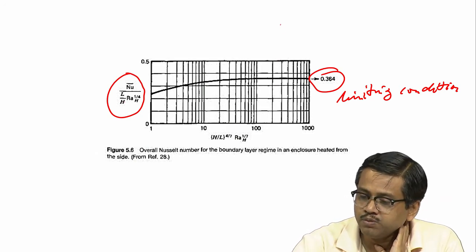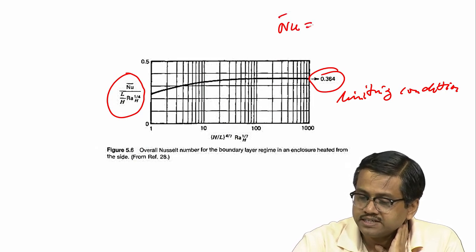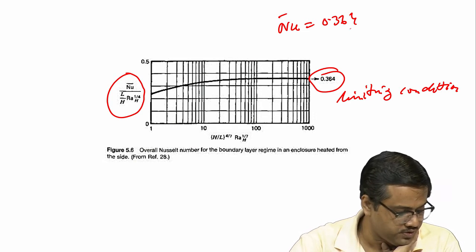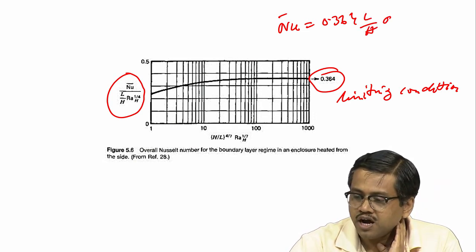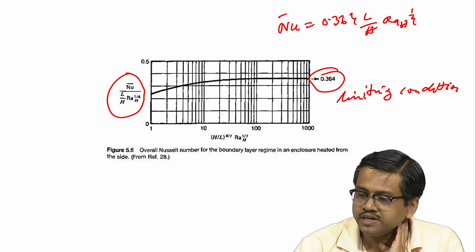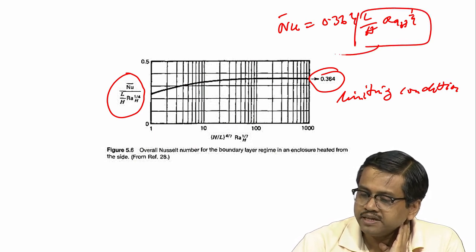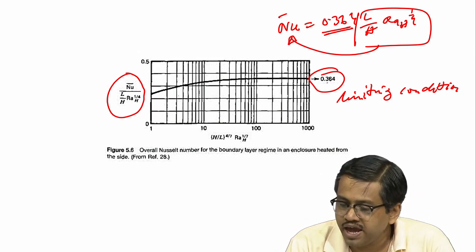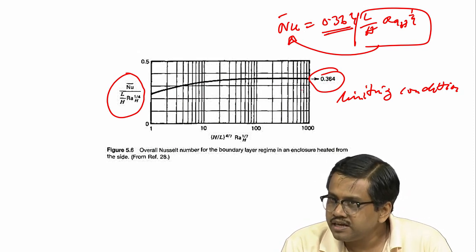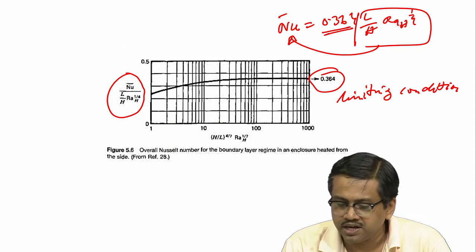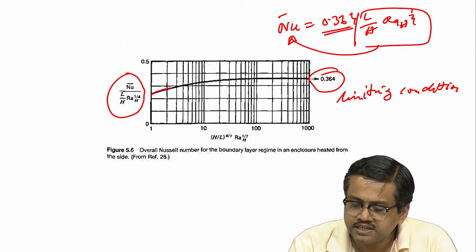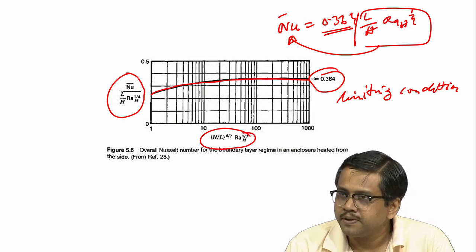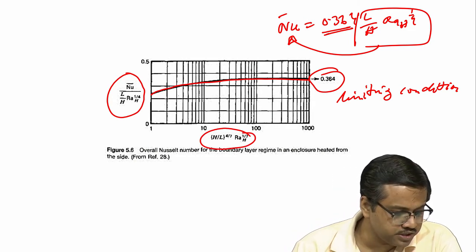From Gill's work what people found was 0.364 L by H Ra_H to the power of 1/4. So, if you divide by this, you are supposed to get this factor only, which is what you get in the large limit, in the limiting conditions. However, here you can see that it is a trajectory which seems to be a function of this, that is what you are trying to get.